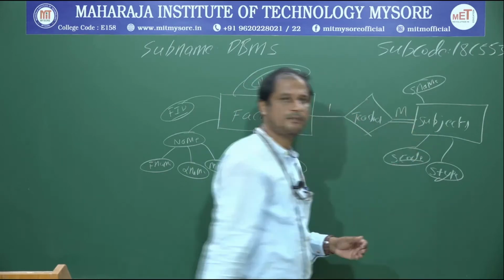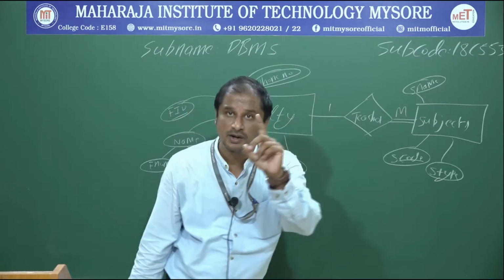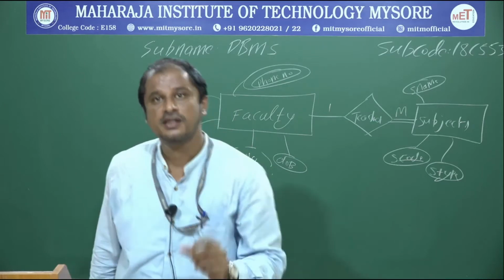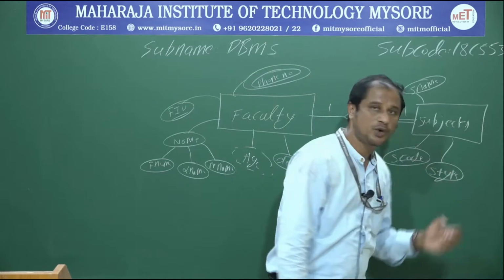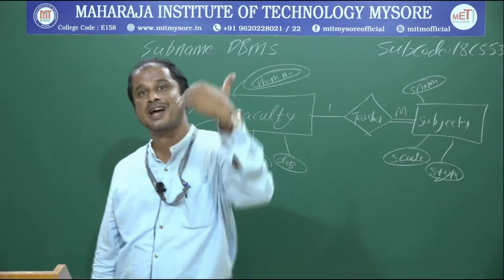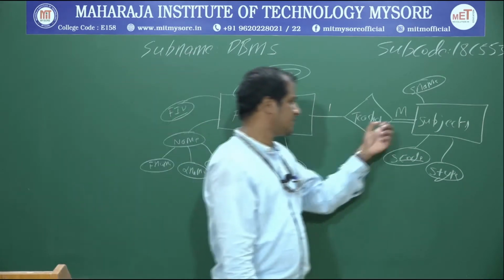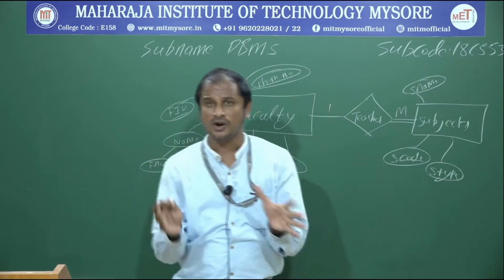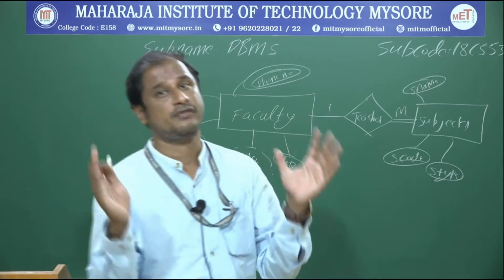So that's total participation. There are many faculties, but I'm picking only one faculty, so the participation is partial. But here we have total participation because I'm covering most of the subjects matching my criteria. It's partial participation on the faculty side because the participation is only one faculty in a set of n faculties.